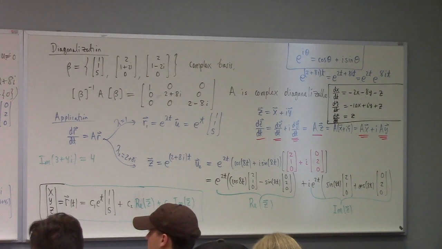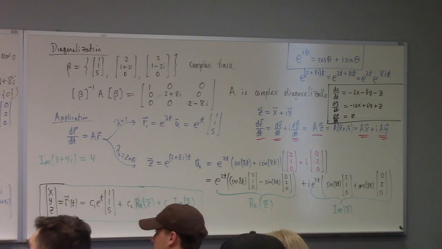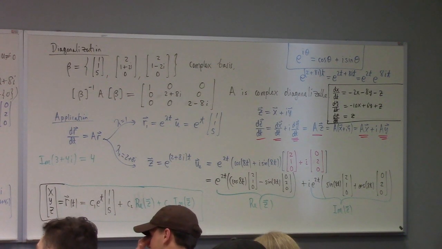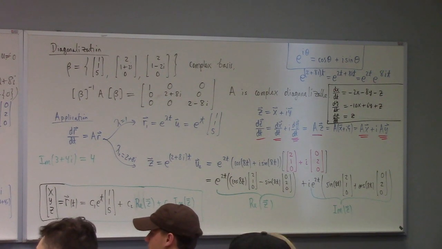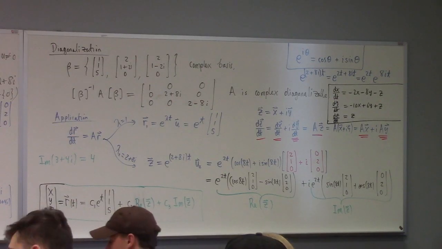So the one sort of remaining application that I want to talk about with you guys. First of all, before test 2, we are not going to settle the general question of what happens when the matrix is not diagonalizable. That question looms and remains after test 2.